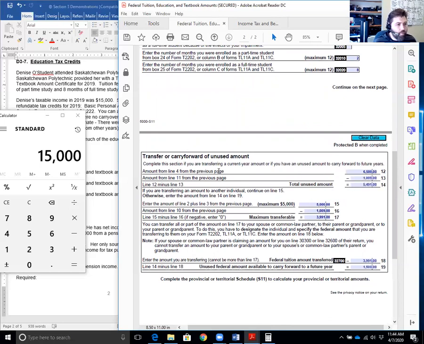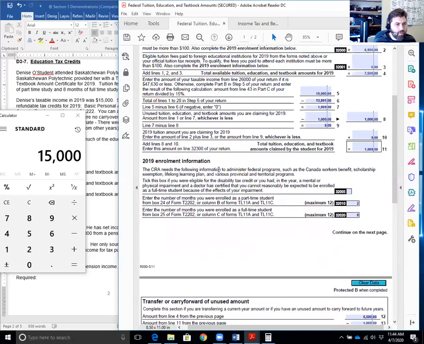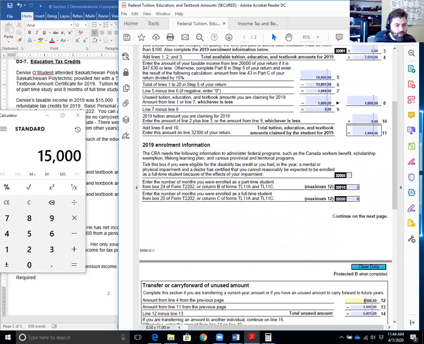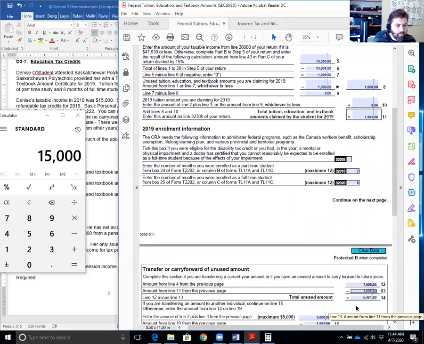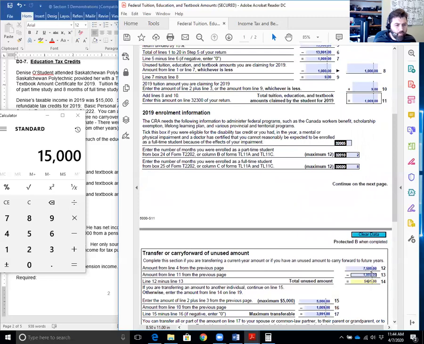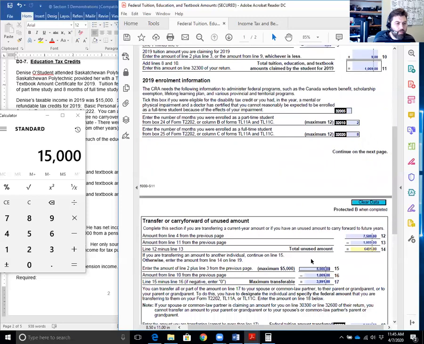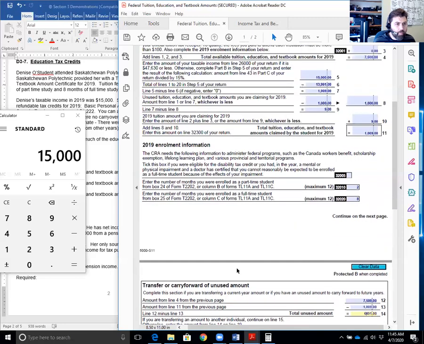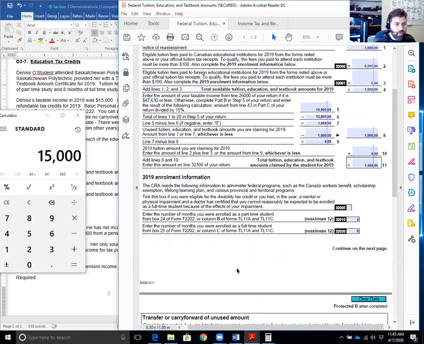So amount from line 4 from previous page. So that's going to be 7,500. Amount from line 11 from previous page still stays the same. And we're going to change this to 6,491. Total unused amount. Enter the amount of line 2 plus line 3 from the previous page.